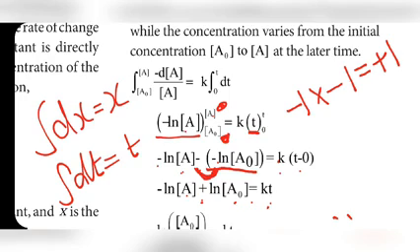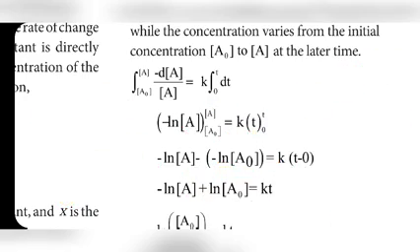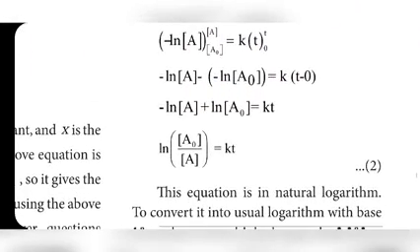So k into, upper limit t is substituted, you will get t minus lower limit 0, which gives 0. So k into t minus 0, that is kt. So log A naught minus log A.